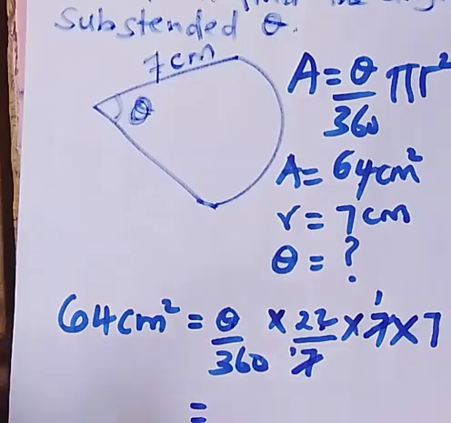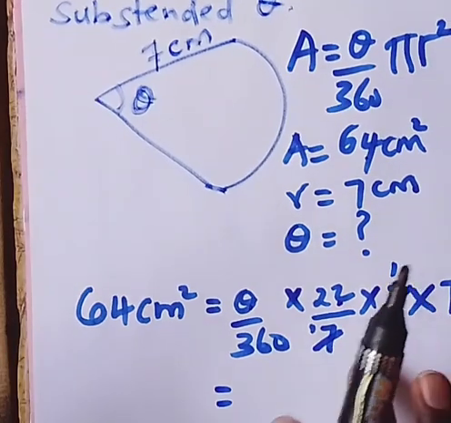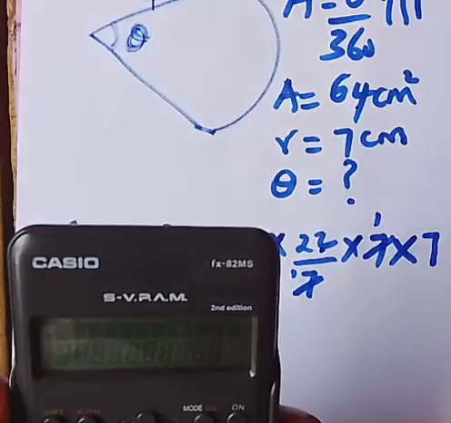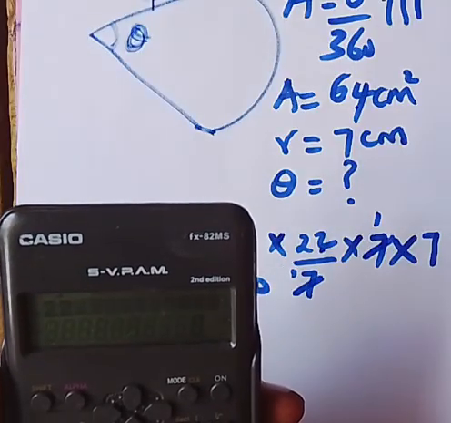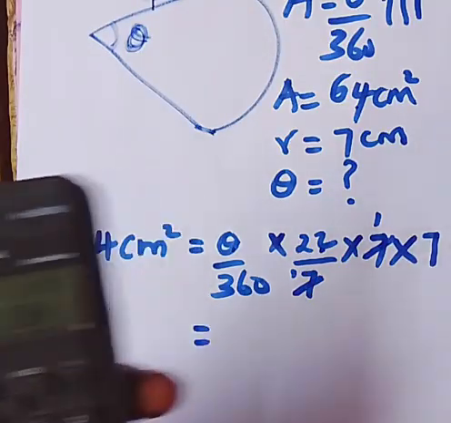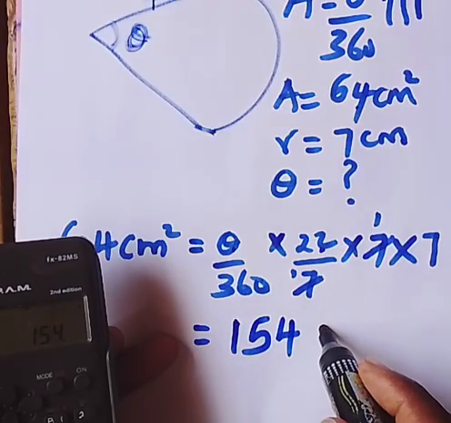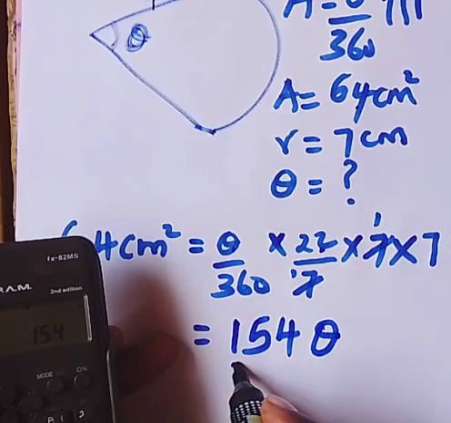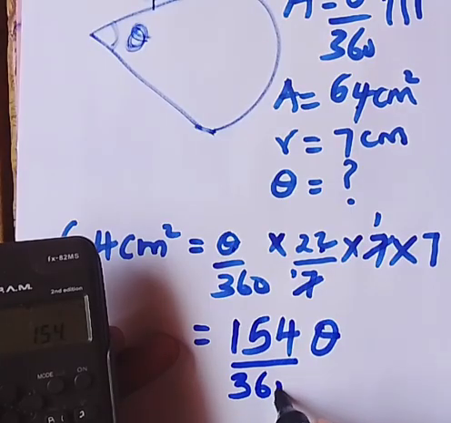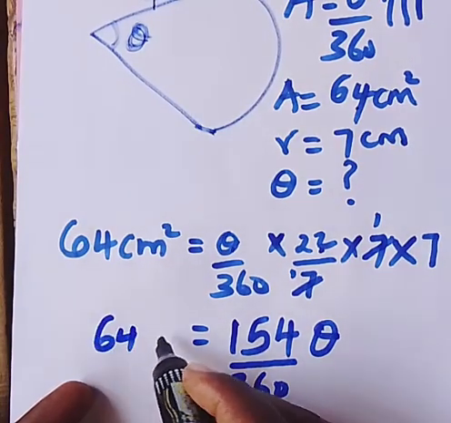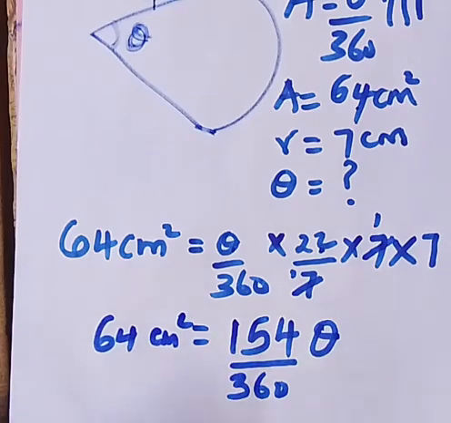Theta is an unknown, so we just multiply the numerators that are known, 22 times 7, to get 154. So you'll see 154 theta over 360 is equal to 64 centimeter squared.